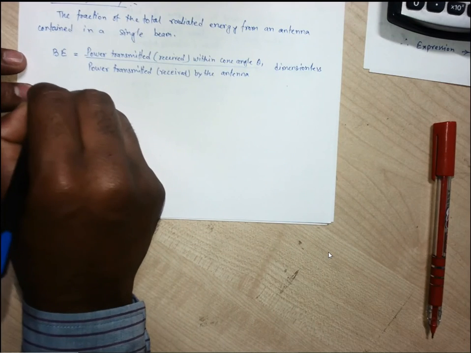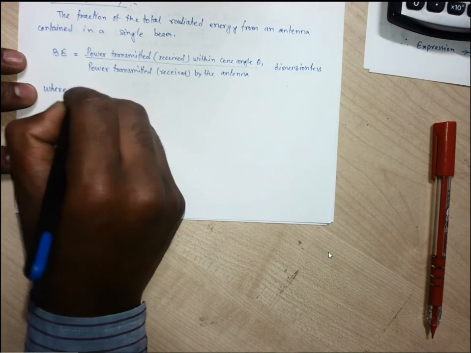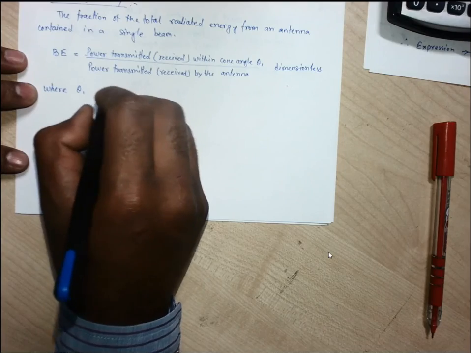Where this theta 1 is the half angle of the cone.